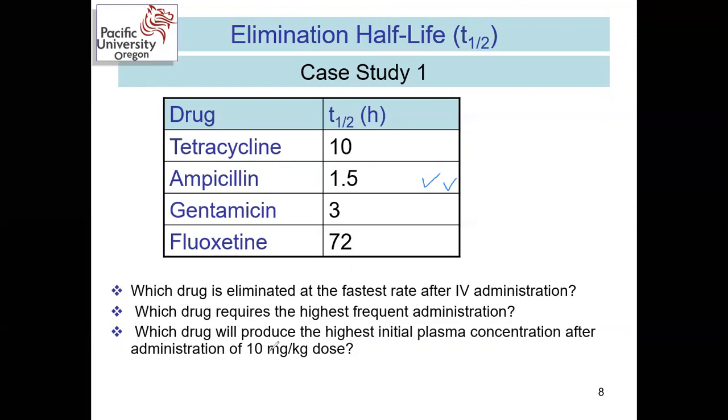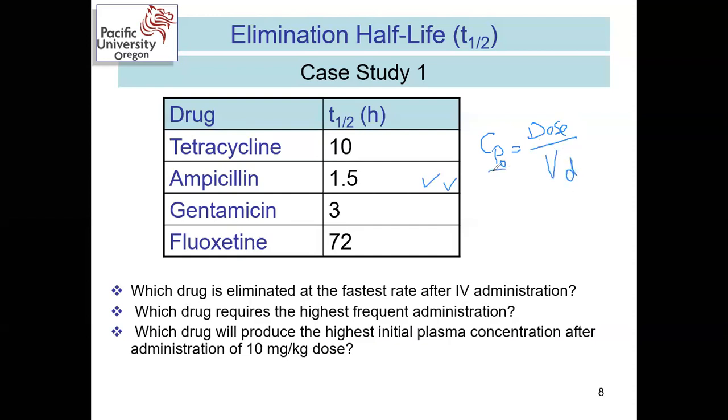The third question is, which drug will produce the highest initial plasma concentration after administration of 10 milligram per kilogram dose? So this is a very tricky question. If you remember from the VD lecture, the initial plasma concentration, or CP0, we can determine from this equation, the IV dose over VD.